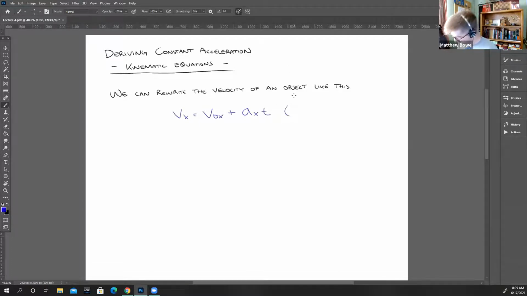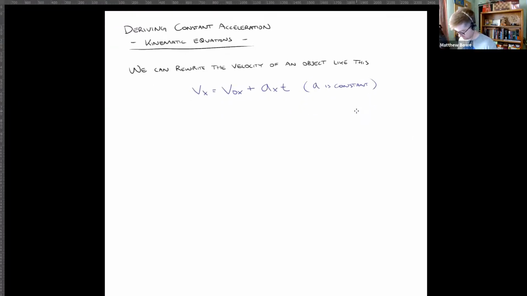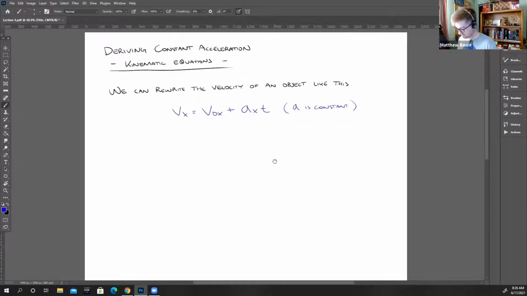Remember that the acceleration is constant. It could be constant at 0, or it can be a constant positive or negative value. It's just being held at a fixed value.